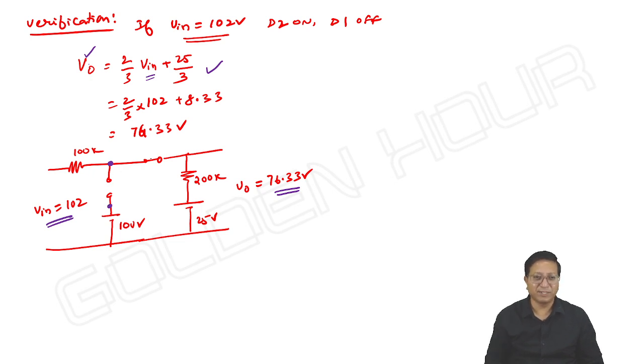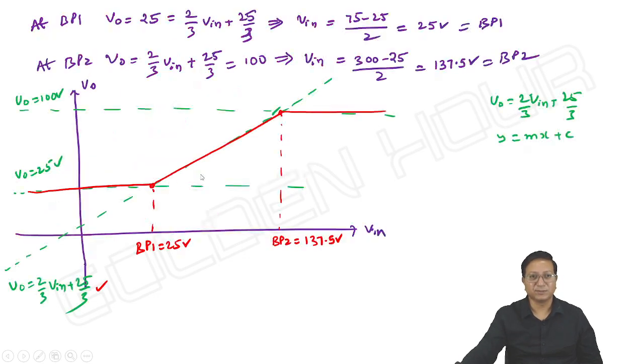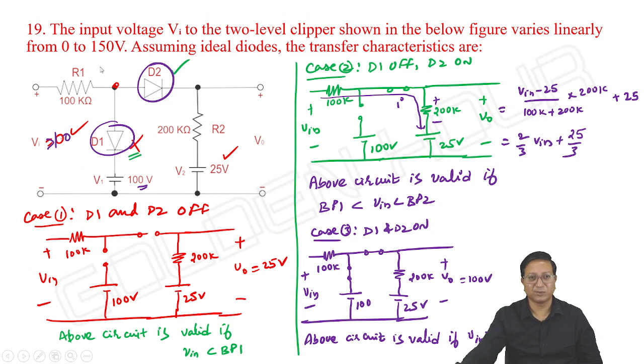That time anyway D2 remains on, because the anode of D2 is at a voltage more than 25, and its cathode is going towards 25 volts. This is the idea. So this is how we can conclude this problem.